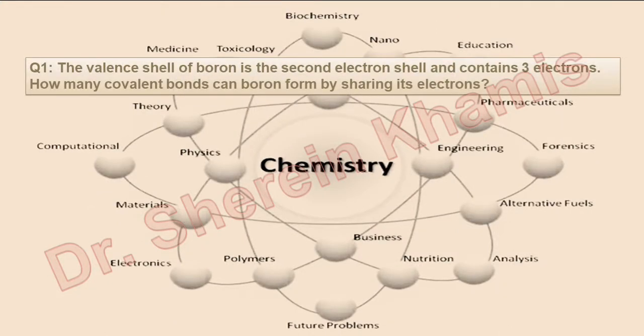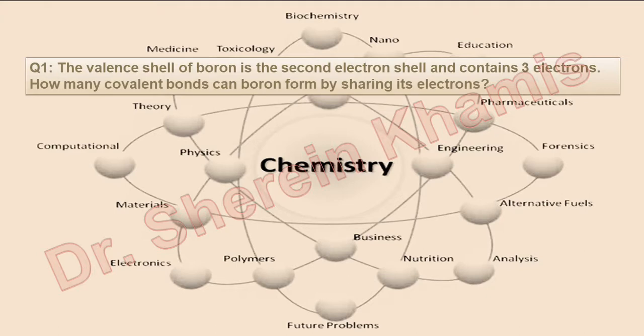Okay, the first question says that the valence shell of boron is the second electron shell and contains 3 electrons. How many covalent bonds can boron form by sharing its electrons?